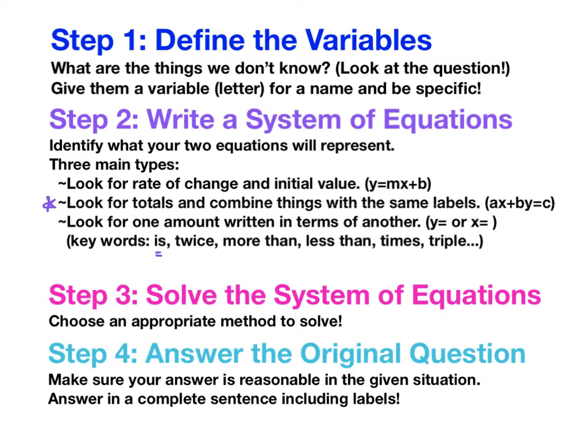"Is" tells us equals, "twice" means 2 times something, "more than" means we're adding, something plus a number. "Less than" means we have something and we're taking away a number. "Times" tells us to multiply, or "triple" would be a specific type of multiplying, times 3. So we might see some of those keywords in our word problems today.